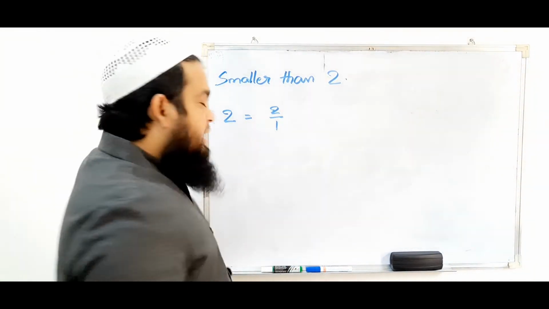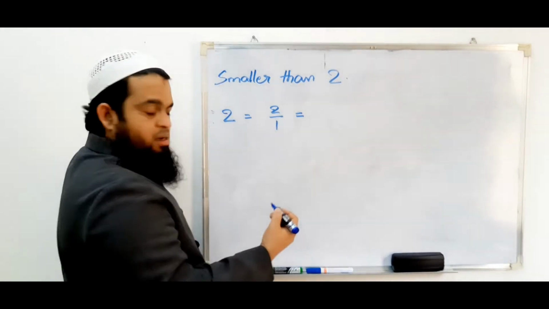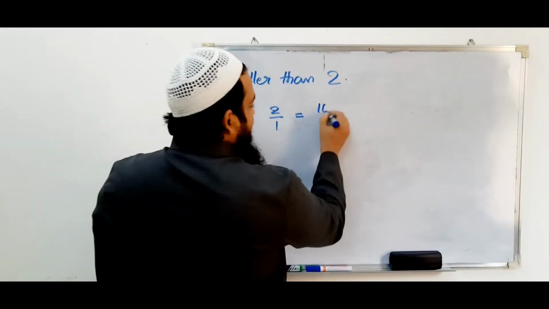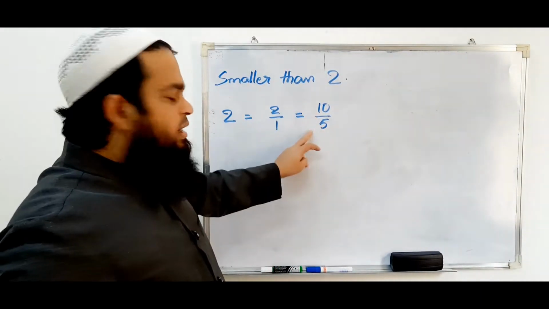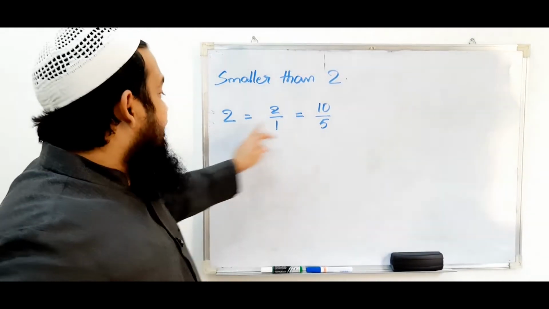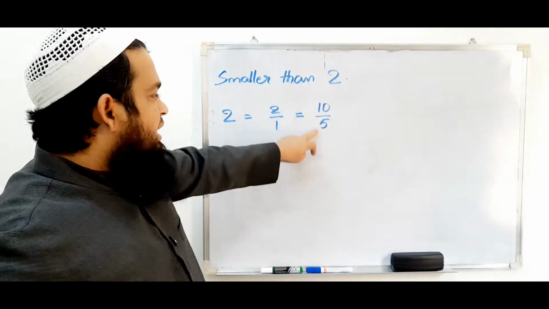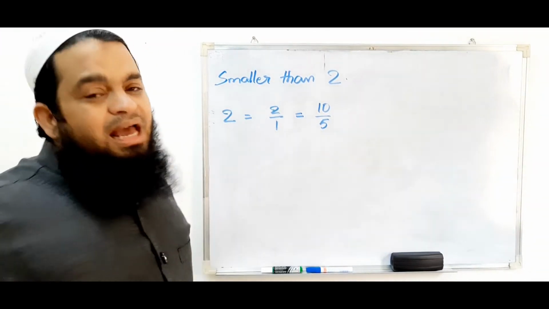And if I multiply with 5 in numerator and denominator, can I write it as 10 by 5? It is a rational number. It is in P by Q form. The value is not changing. 10 divided by 5 is 2. So without changing the value, you can write it in any form.